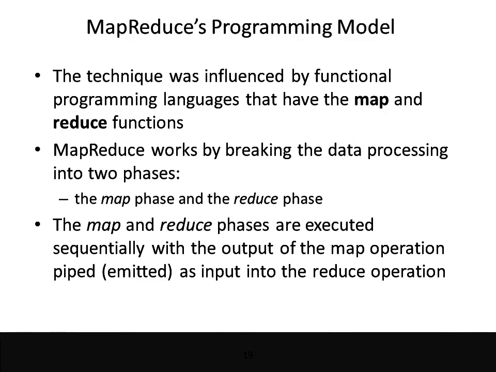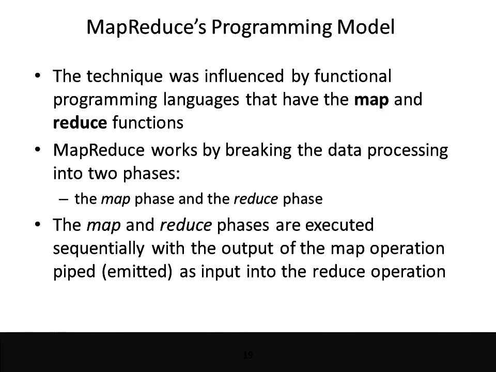In principle, I could implement that in parallel across 10 machines by sending the first element of the array to one machine and the second to the next and the third to the next and so on. Each machine can operate on the element of the array and produce a result independently. So operations in the map phase are inherently parallelizable.